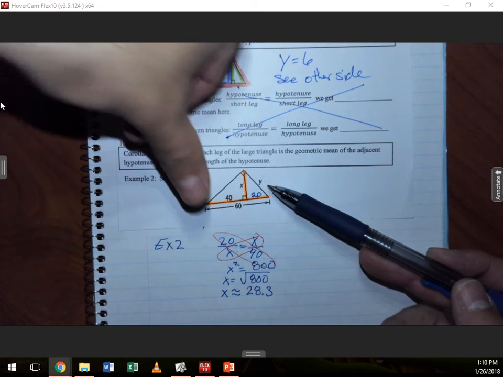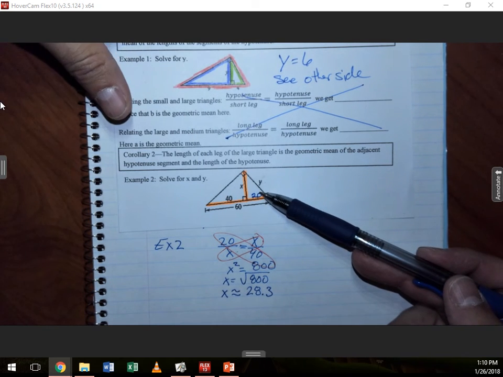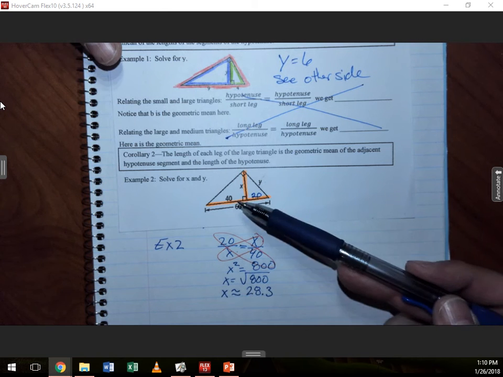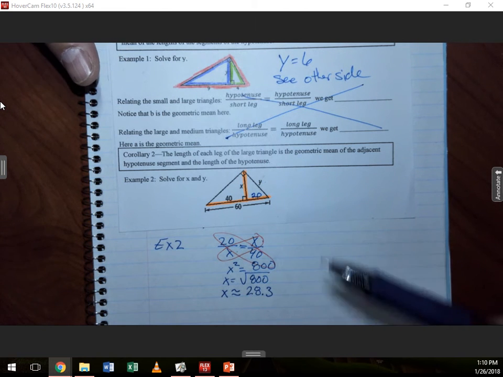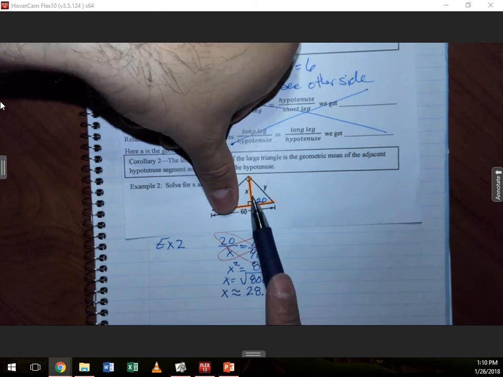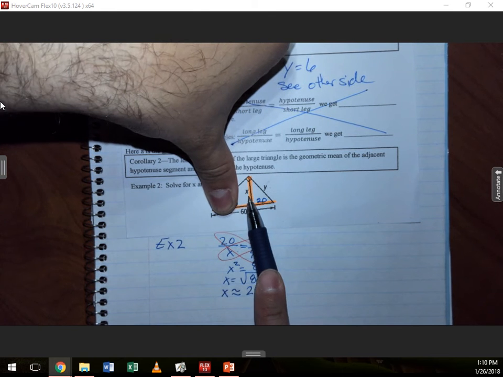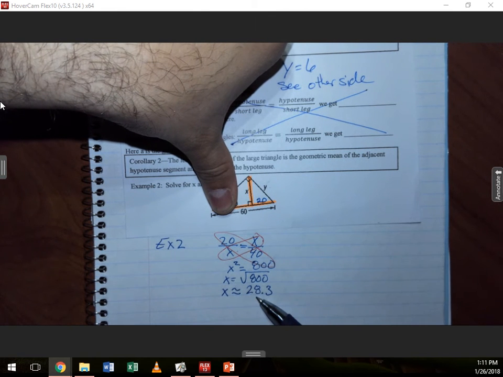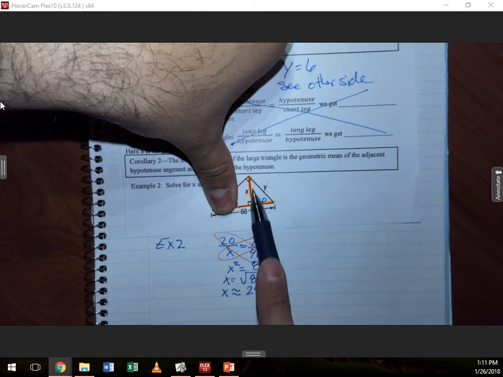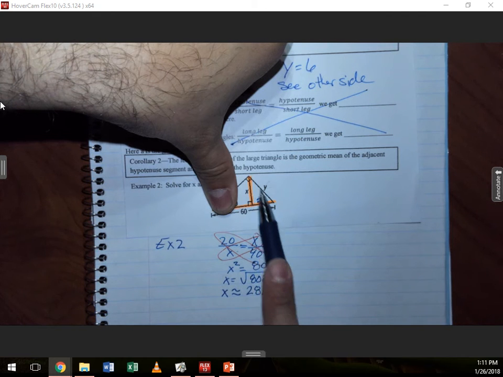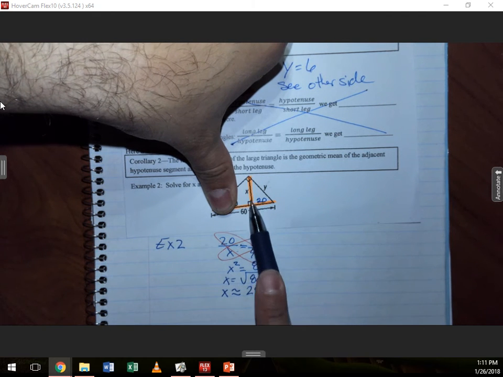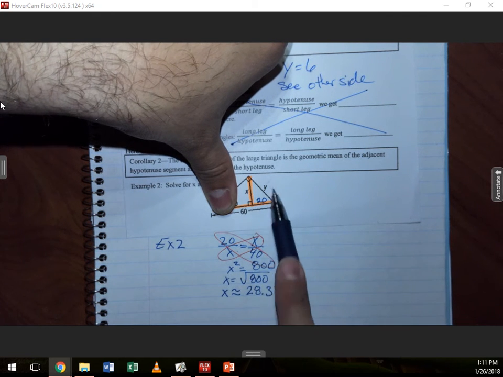So I look to see which triangle has two numerical values. I need actual numbers now. Since this is now a numerical value, I could use this little triangle here, my tall, to use Pythagorean Theorem to solve for y.